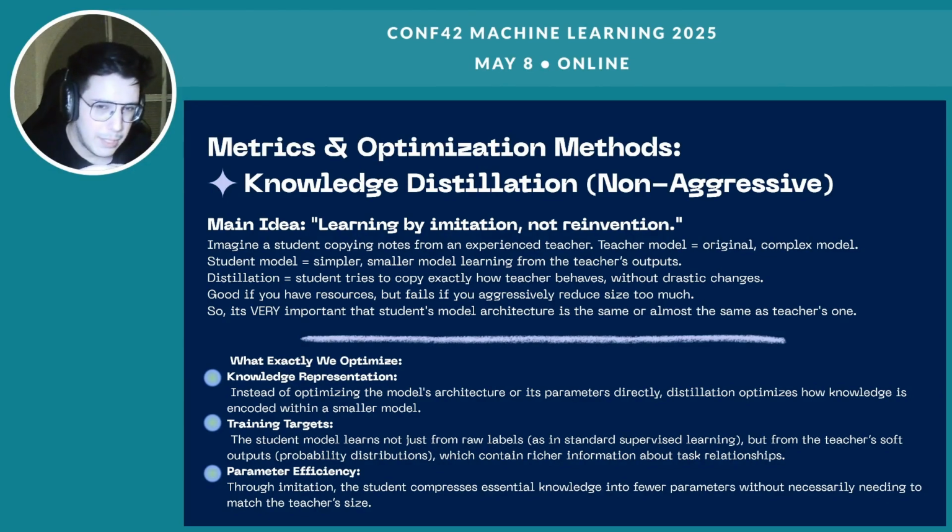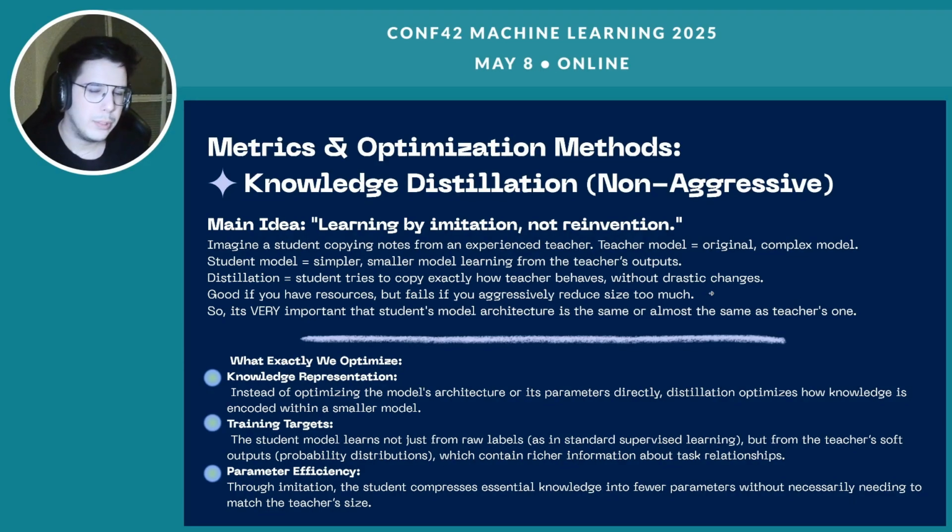And for the non-aggressive optimization methods, distillation can be considered as an imitation of the teacher model. It's the student that copies from the experienced teacher. A very important note here: this method is non-aggressive because it does not interfere with model architecture. Therefore, we do not need to be worried about performance degradation. Good.